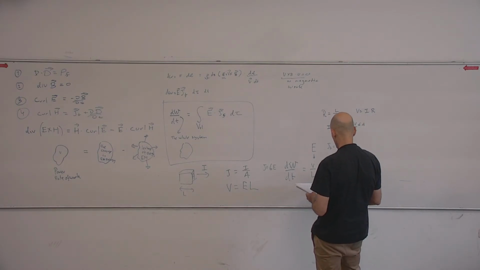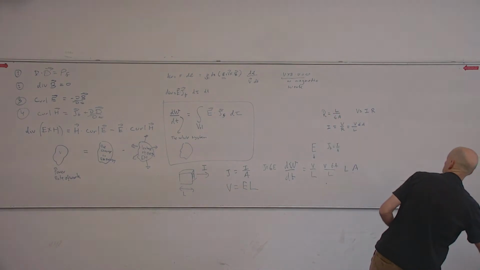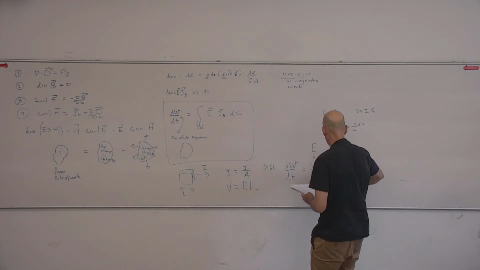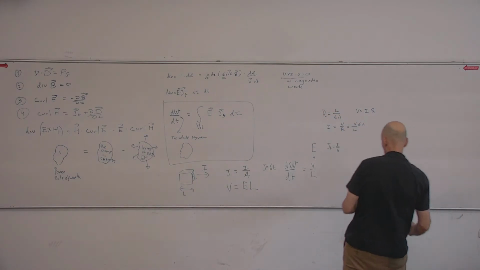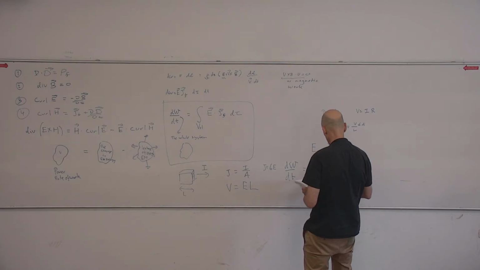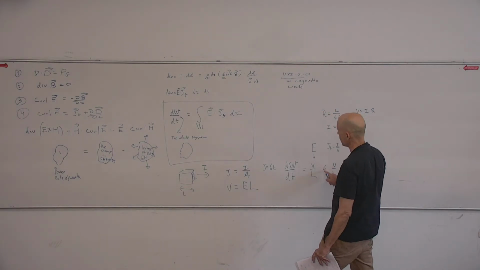Don't you want to have I in your final answer? Yes, I have I because this is V over R. Better maybe to leave I. So we have here sigma V over L, this is LA. V over L is E. This is simply the J.